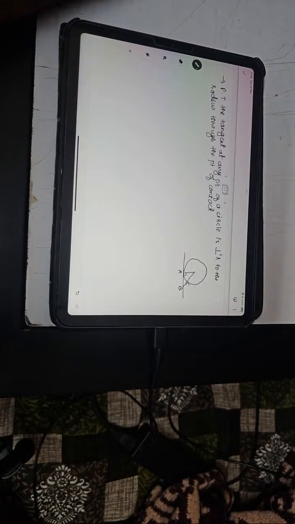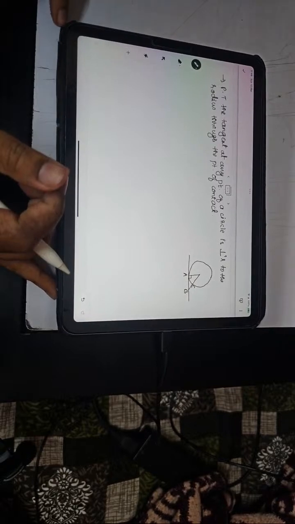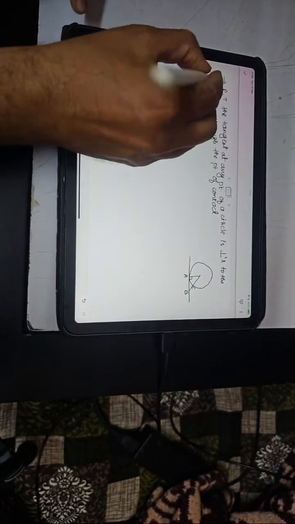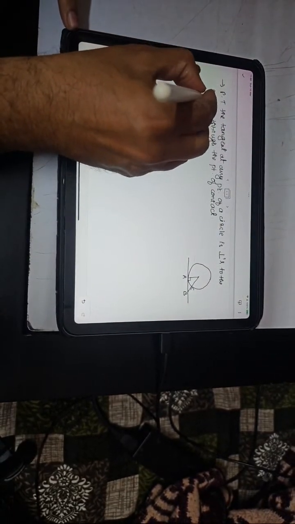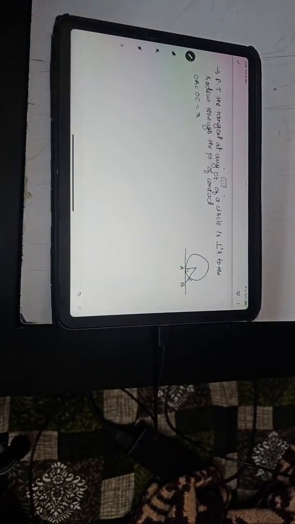See, if you see the circle and the figure, can I say OA equal to OC because both are radius r?